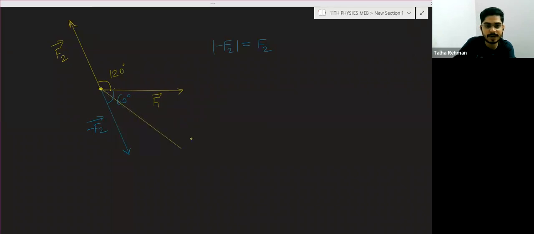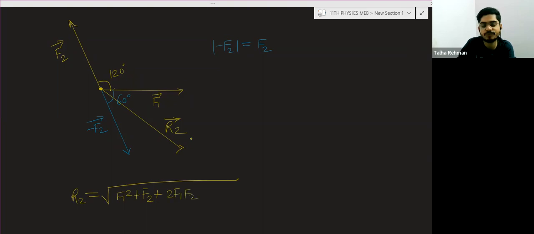When you draw the parallelogram, suppose this is the R2 vector. So the R2 vector can be given by under root of F1 square plus F2 square plus 2 F1 F2 cos of, tell me the angle, cos of 60.